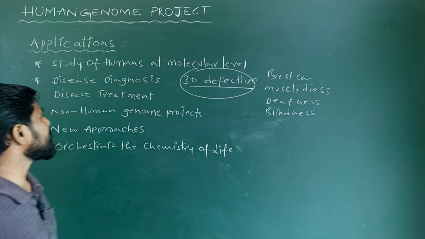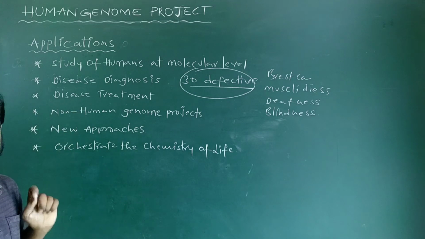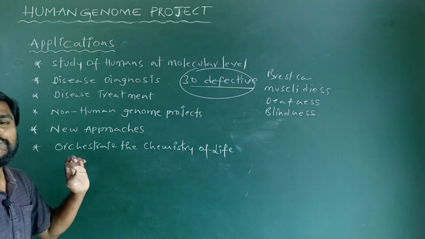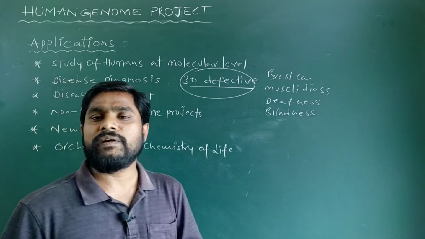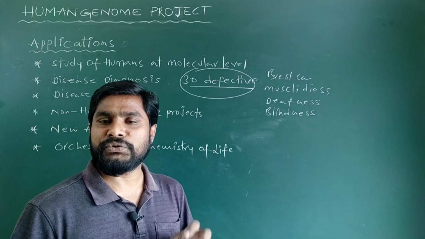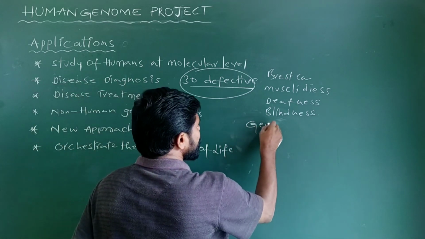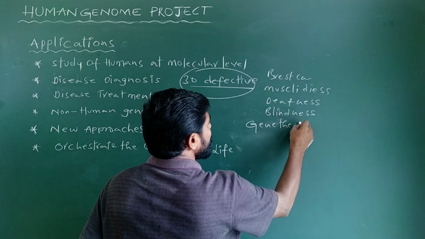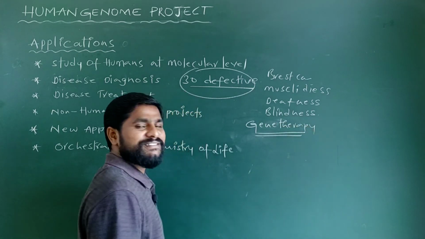Along with diagnosis of disease, the Human Genome Project is also helpful in understanding the base for new technologies in treating disease. Such a new technology developed in the field of medicine through the Human Genome Project is gene therapy. Gene therapy is a new method of treating diseases. What is gene therapy?